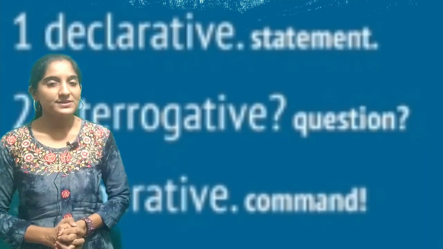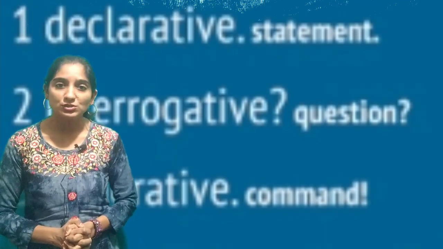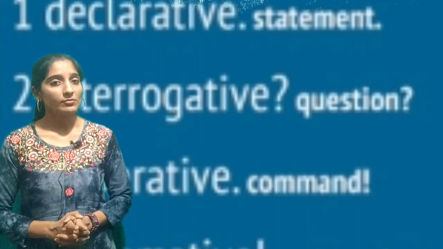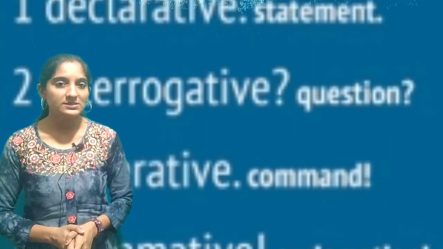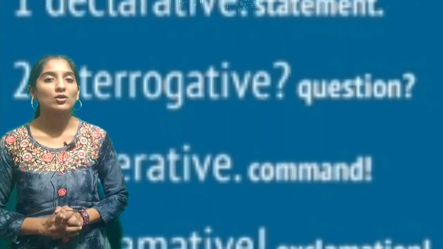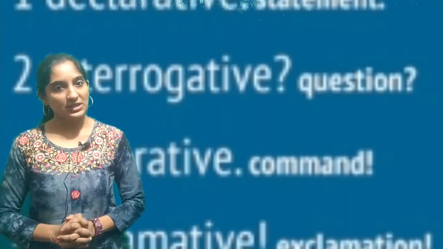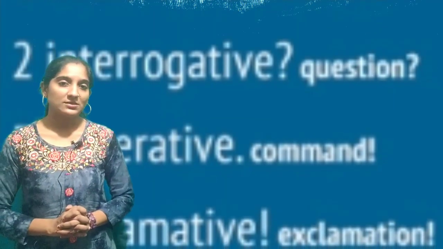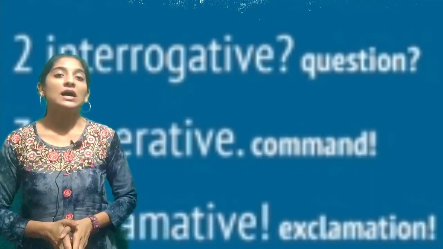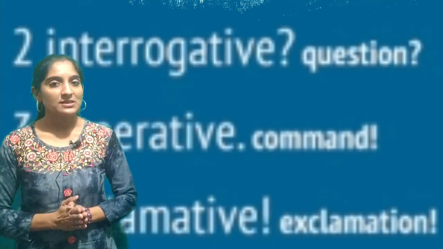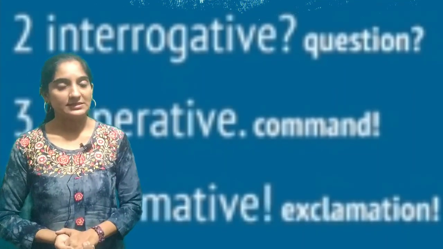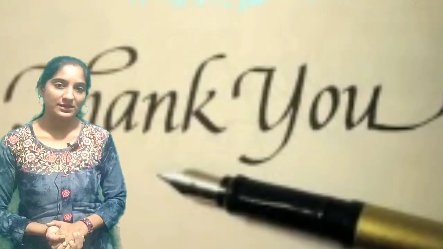And in exclamatory sentences, there is always a mark of exclamation. So this is all about exclamatory sentences, imperative sentences, question sentences and declarative sentences and the parts of sentences.